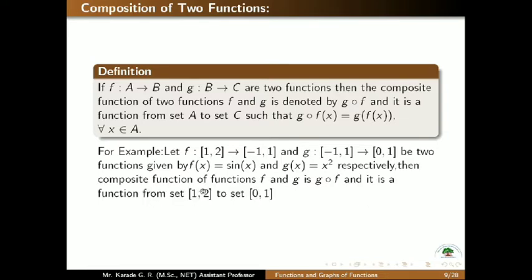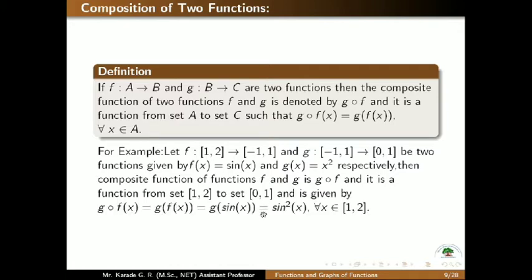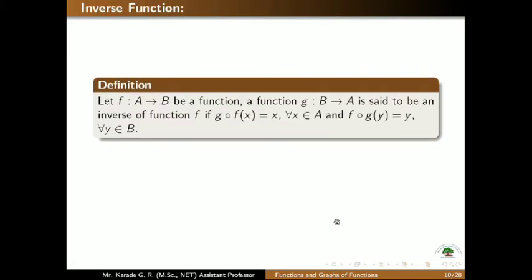Then the composite function of functions f and g is g∘f, and it is a function from the closed interval [1, 2] to the closed interval [0, 1], and it is given by (g∘f)(x) equal to g(f(x)) equal to g(sin x) equal to sin square x for all x belonging to the closed interval [1, 2].